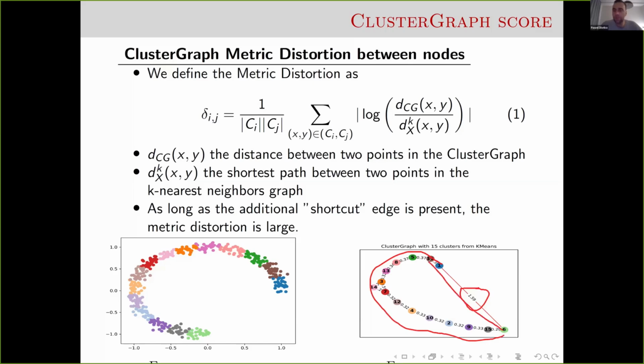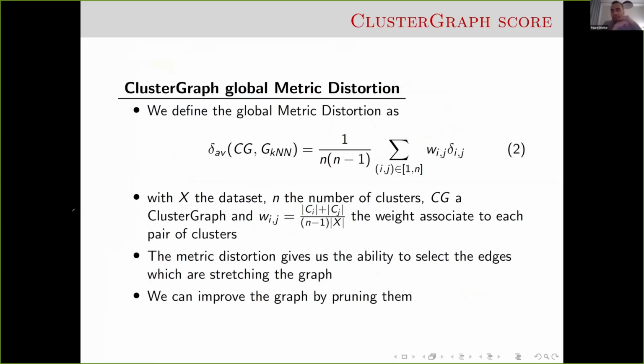And this edge over here is a shortcut. And therefore, this metric distortion will be very high for this edge, and we have a reason to remove it, to prune it. And once we do all the pruning, we have something that represents as accurately as possible the metric structure of our data in the form of a graph, very much like a mapper graph.